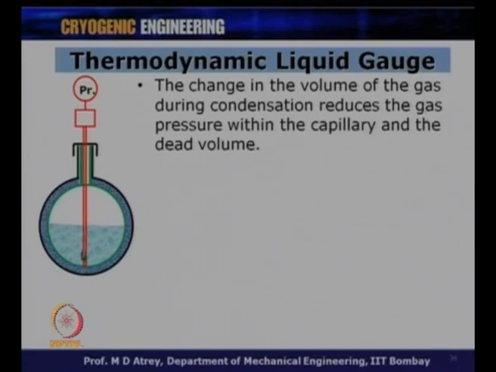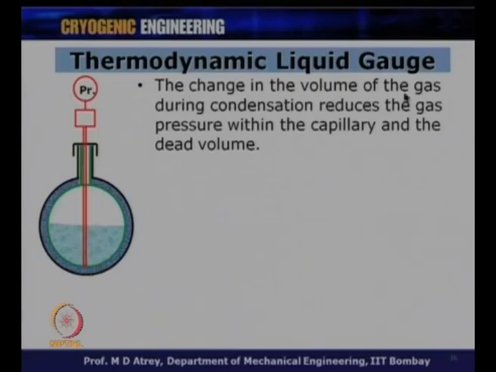As soon as condensation occurs, the pressure will decrease, and this pressure can indicate how much condensation has occurred, which depends on how much of the capillary is below the liquid level. Depending on the gas below the liquid level, that will condense, and the pressure would change, so this pressure can directly be calibrated as a function of liquid level.